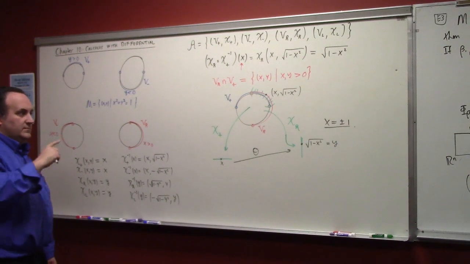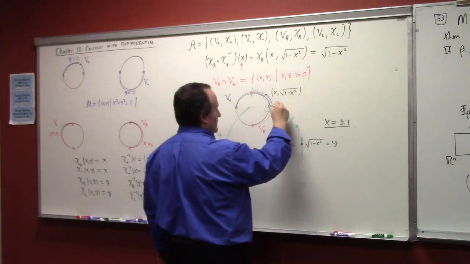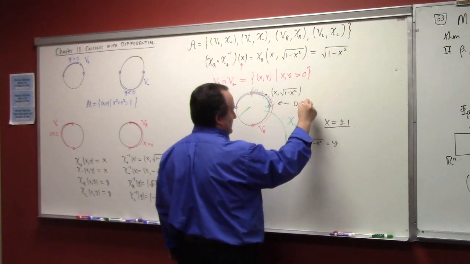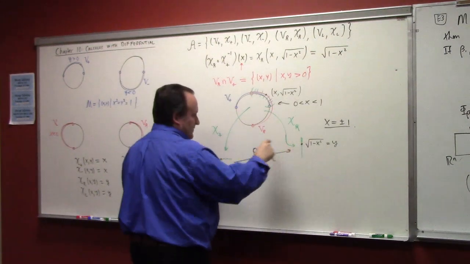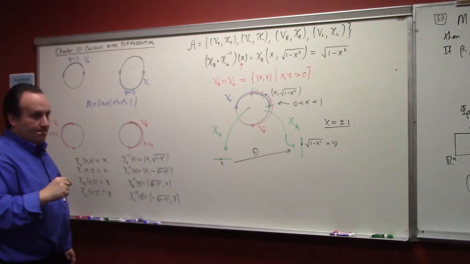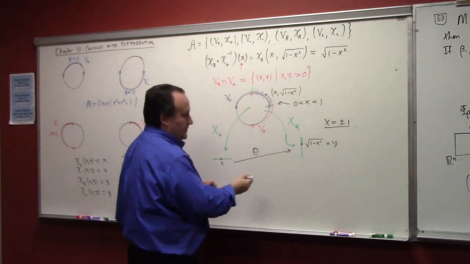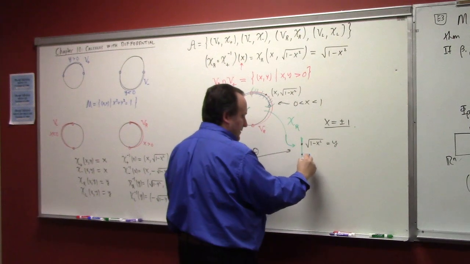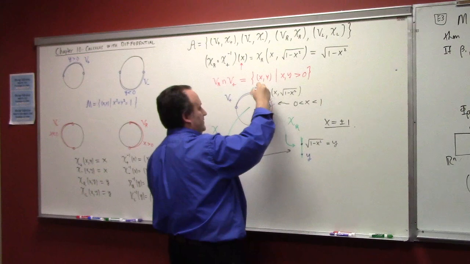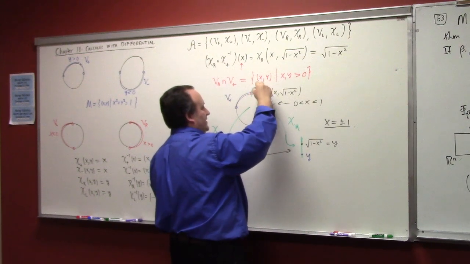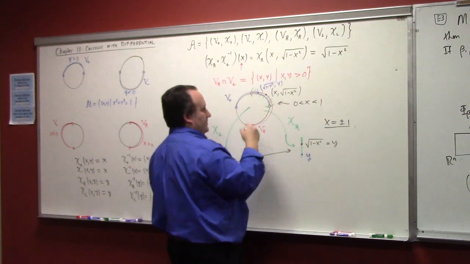But thankfully, for the intersection, we have 0 less than x less than 1, and so this mapping is smooth. And if you go the other way, if you start with y here, then you go back up to this point up here, which would be the square root of 1 minus y squared, y, right?